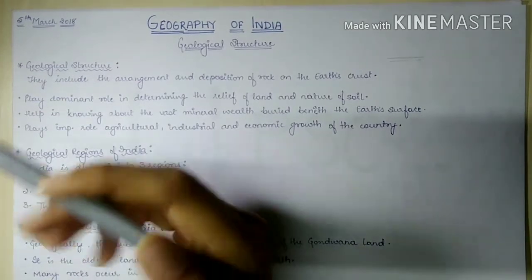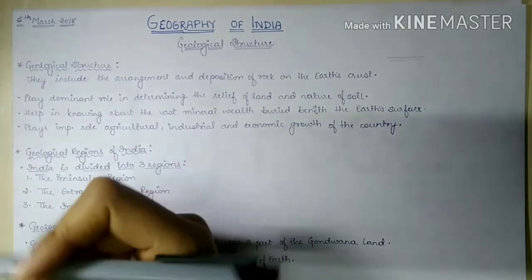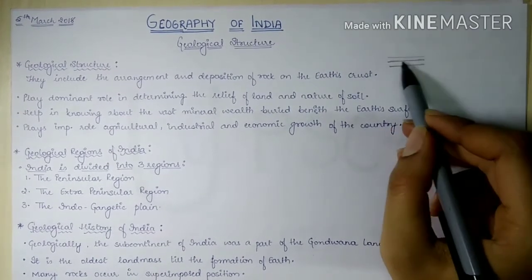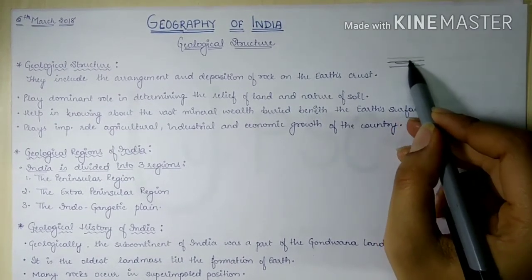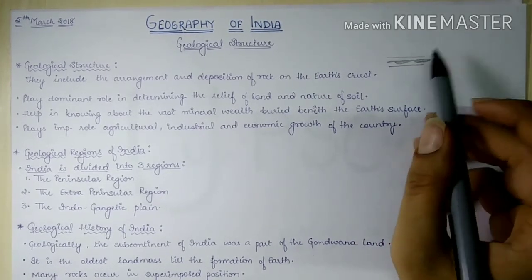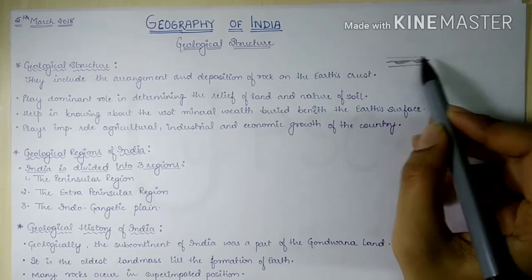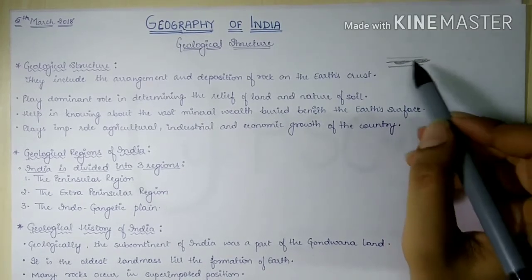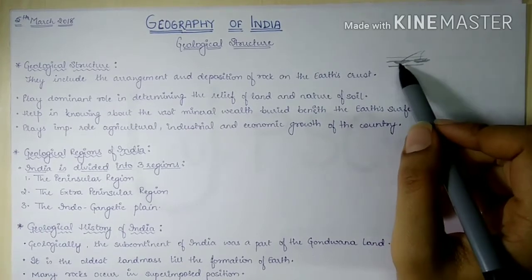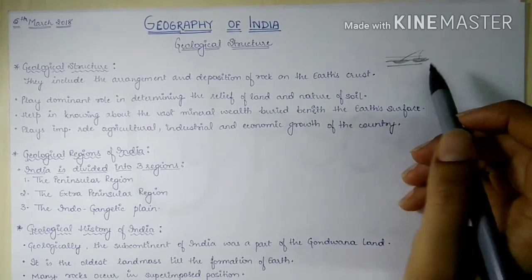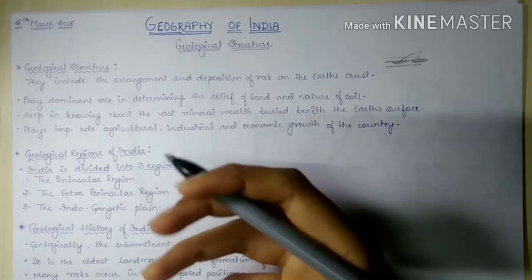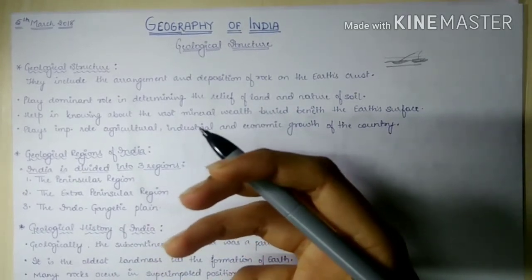See, sedimentary rocks, in between sedimentary rocks, these areas only have petrol reserves. So if we have sedimentary type of rock, then we will have petrol reserves. So the mineral wealth can be determined by the rock structures. So geological structures help in agricultural, industrial and economic growth of the country.